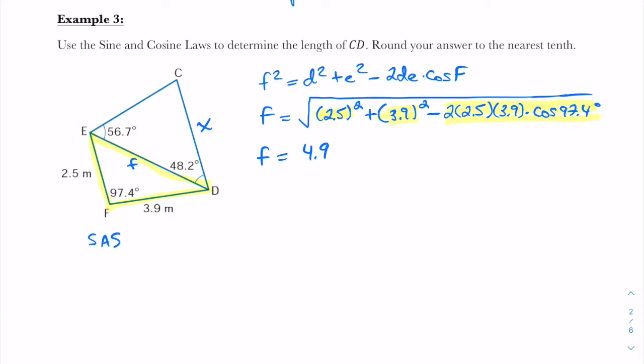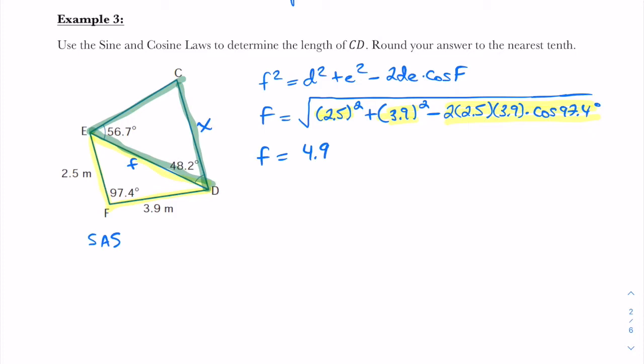Alright, so now that I have side f, let's go to triangle CDE. And in that triangle, we have to find side X. So right now we only have two angles, which isn't enough information. We have one of the sides, but in order to use the sine law, we should find the angle opposite that side.